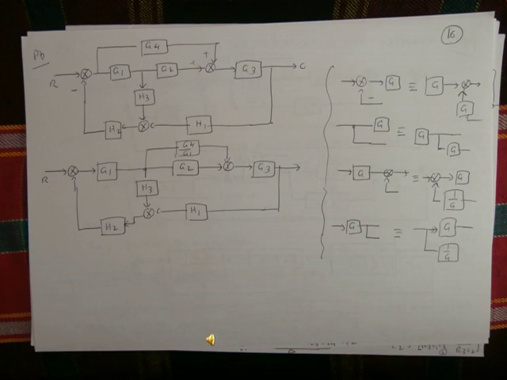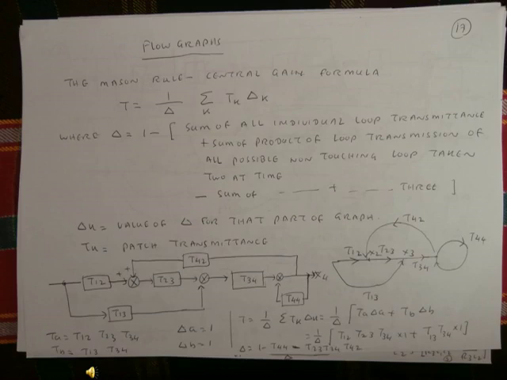This one will be the flow graph. The flow graph is solved using Mason's rule, which is the central gain formula. Mason's rule says T is equal to 1 by delta multiplied by the summation over k of T_k delta_k.